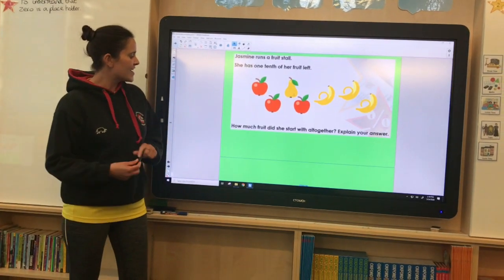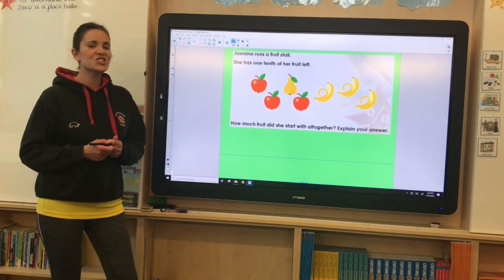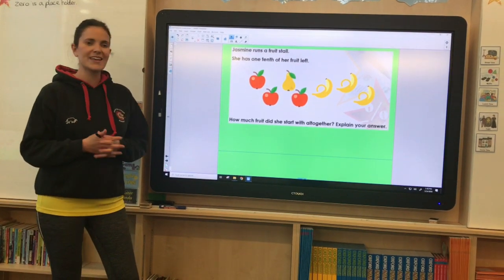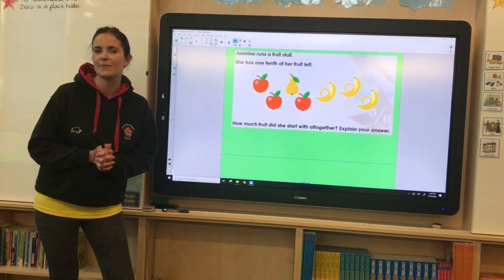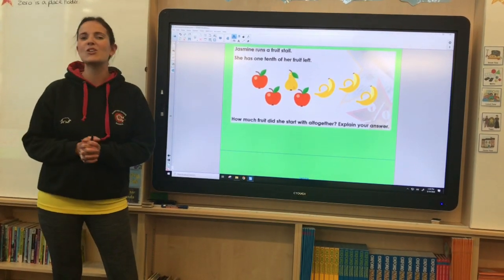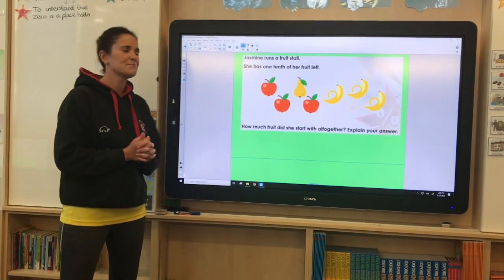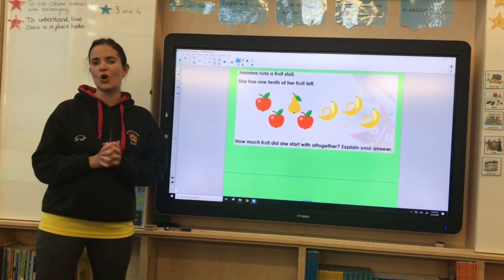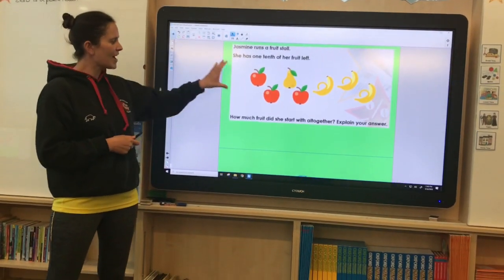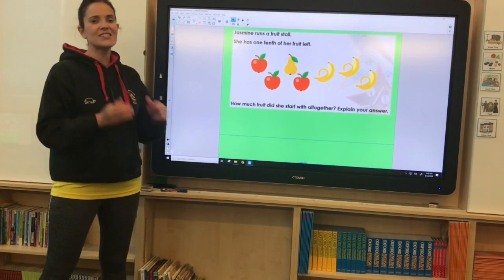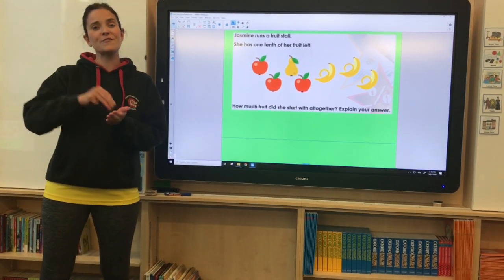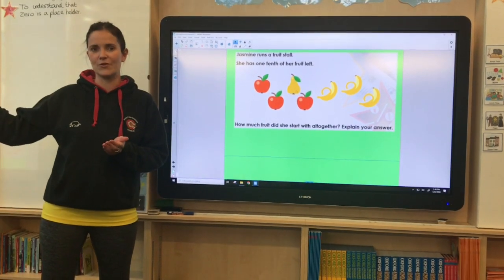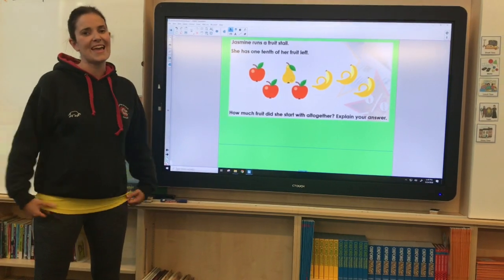And the question is saying, how much fruit did she start with altogether at the beginning of the day? And you've got to explain your answer to that question. Now, this is thinking about fractions in a whole different concept, because we don't have here what she started out with. We've got to find the beginning of the question. What we have here is the end.